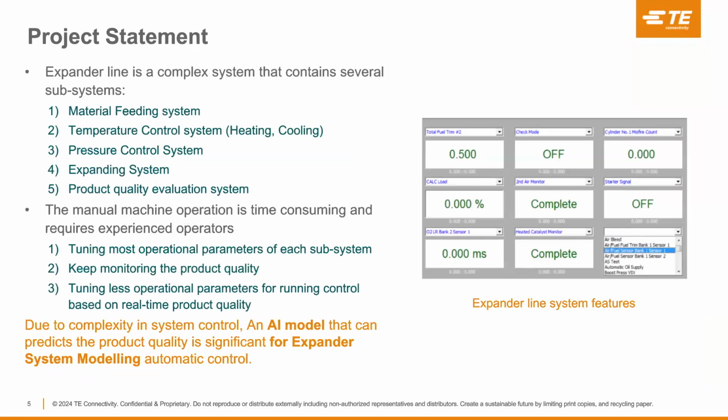The primary objective of this model is to assist with fine-tuning parameters to enable precise control over the tube outer diameter specifications, and this can be done through several tuning parameters, as you can see here, such as material feeding systems, temperature control systems, pressure control systems, expanding system, and product quality evaluation systems.